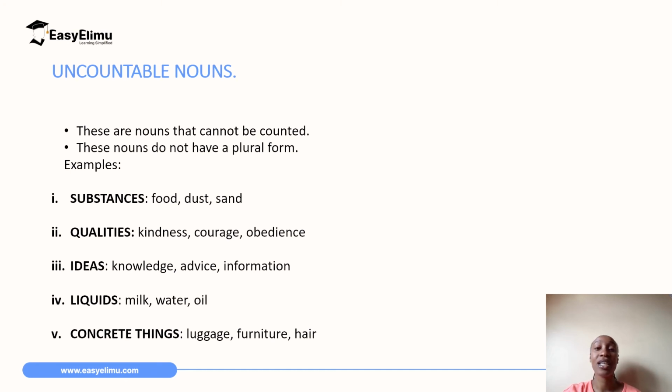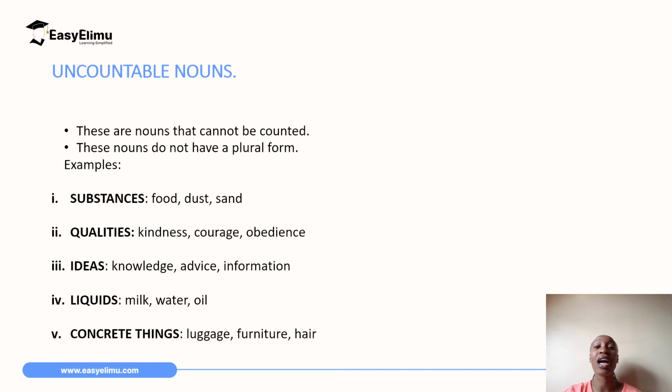And lastly, it can be concrete things like luggage, baggage, furniture. So you cannot say 1 furniture, 5 furnitures, 7 furnitures. No. You can only say furniture. You can only say food.